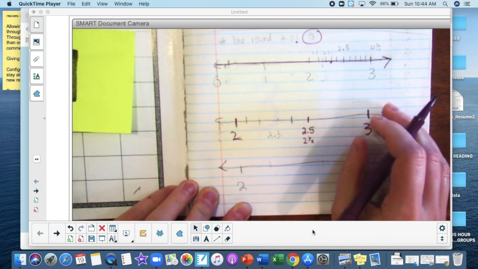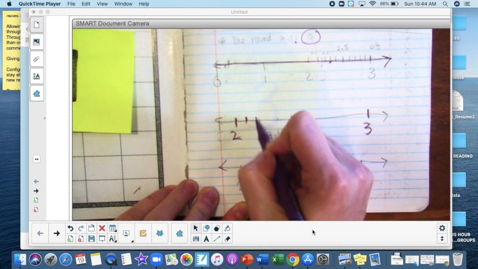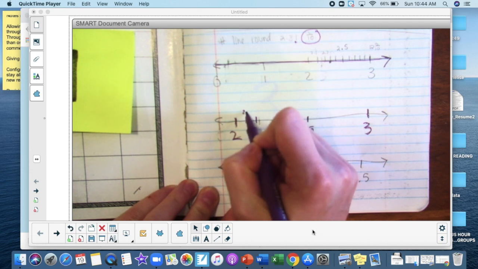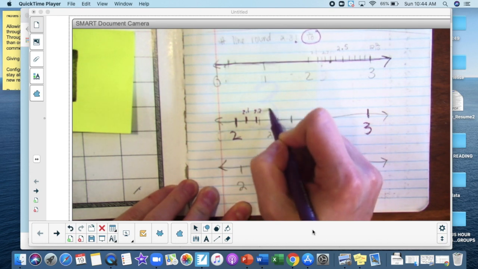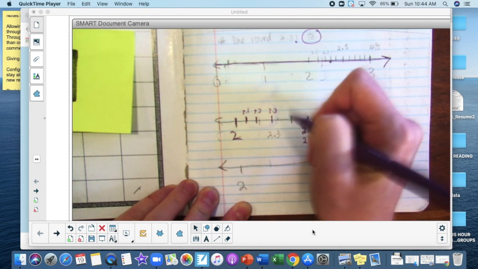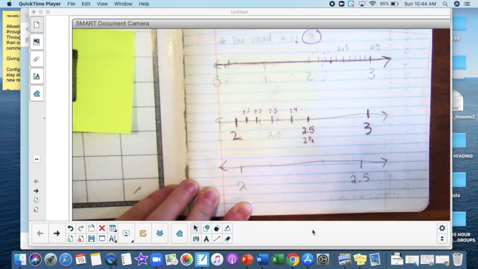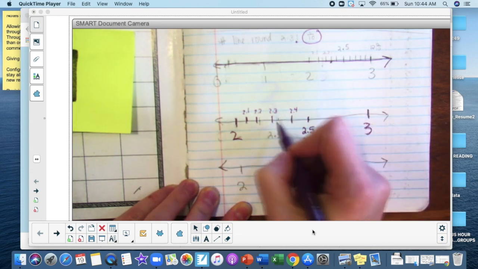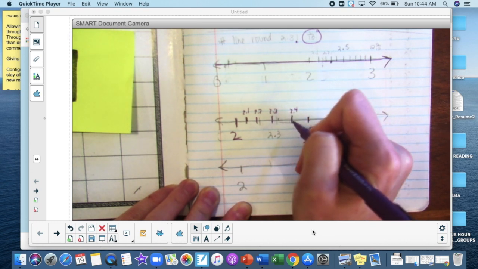So when I break that down, I've got 2 and 1/10, I've got 2 and 2/10, I've got 2 and 3/10, and then I've got 2 and 4/10, and then I've got 2 and 5/10, my half point mark. So when I look at 2 and 3/10, between 2 and 4/10, there's another 10 in between there.